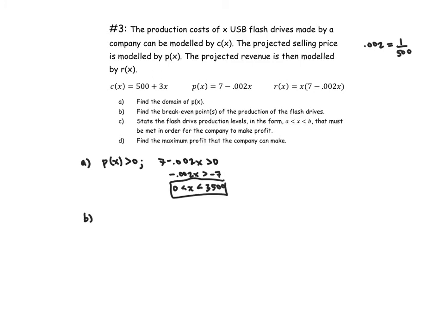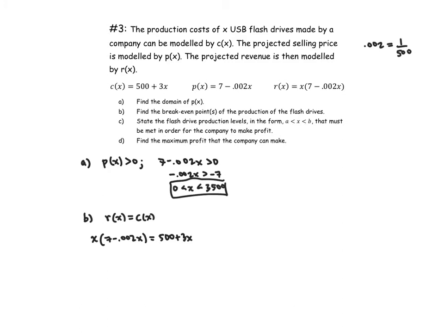Your break-even points will be when your revenue is equal to your cost. When your revenue is equal to your cost, you've got a break-even point. So we're going to take revenue, which is x times 7 minus 0.002x, and cost, of course, is 500 plus 3x.